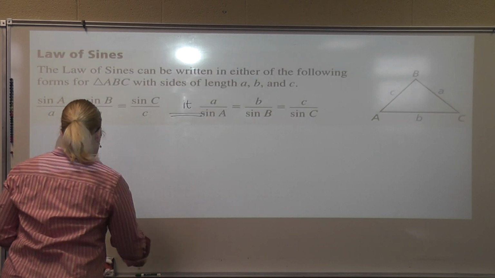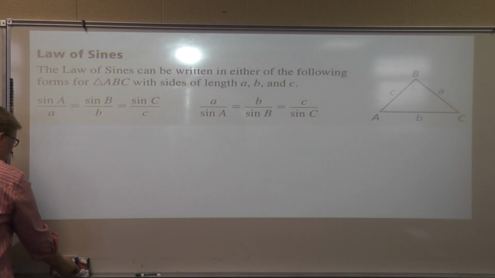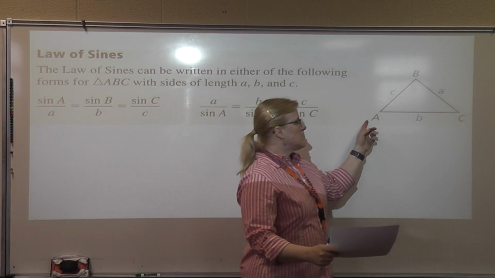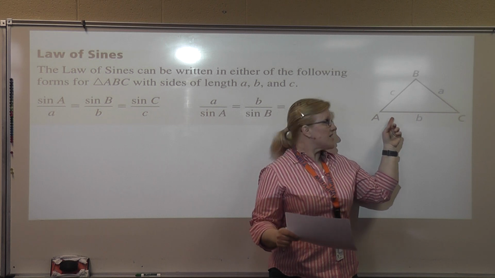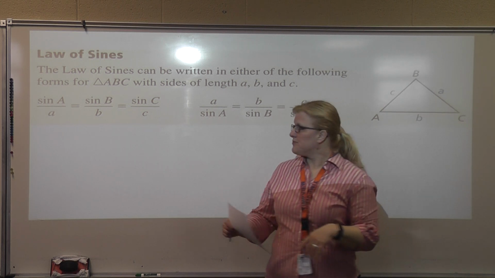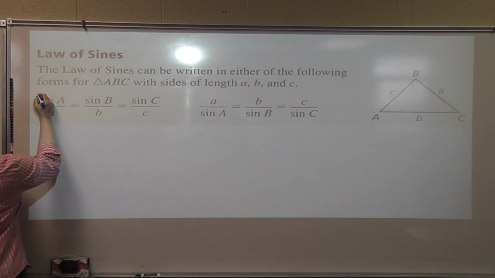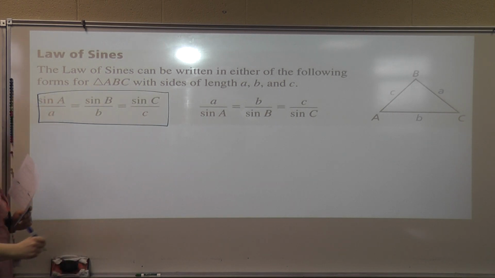Okay, so here it is. Here is the law of sines. Here's my triangle, angles A, B, and C, and then they have their corresponding sides, across the angles. But here it is. Really, really easy to memorize.